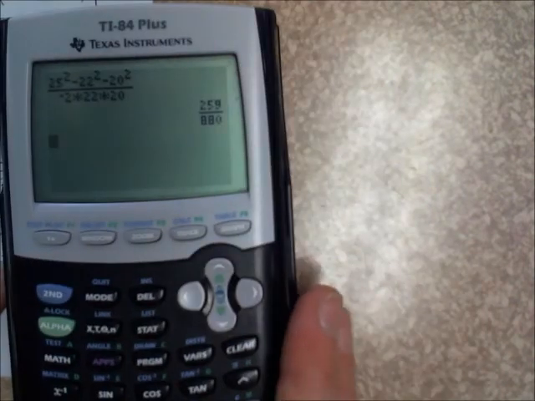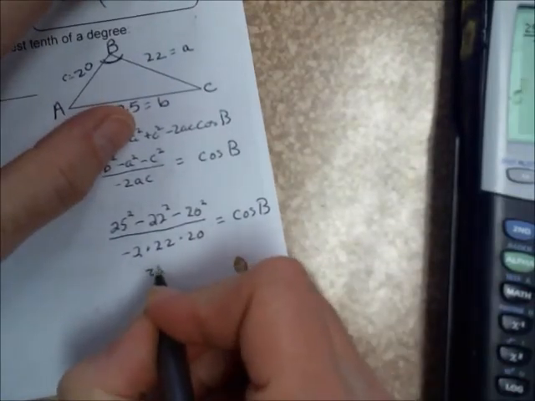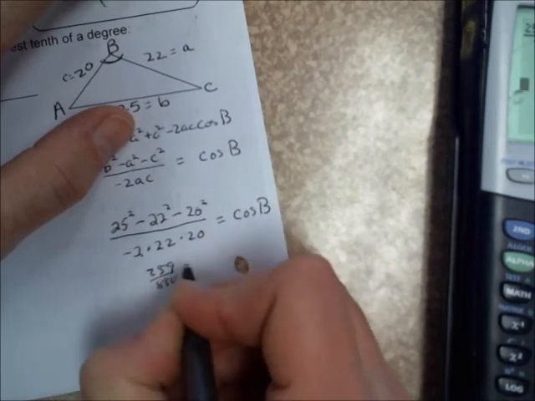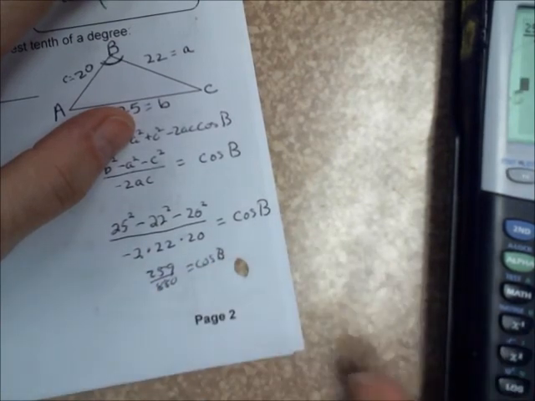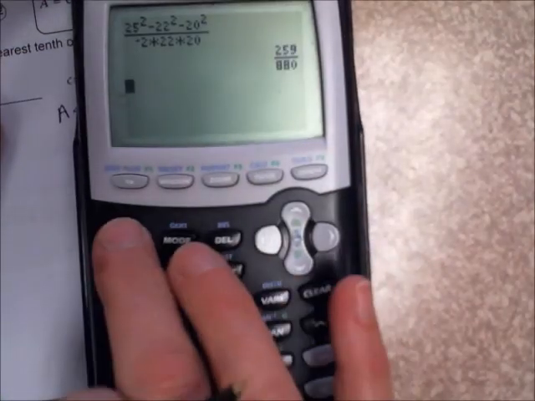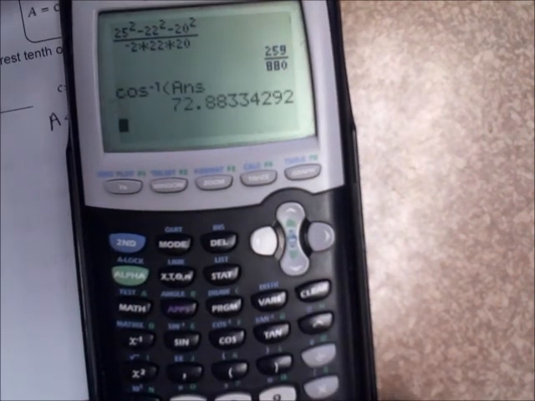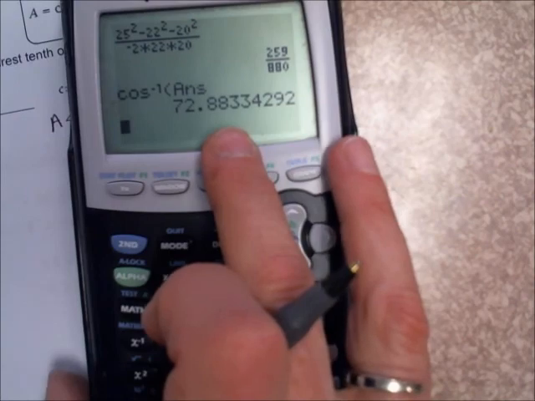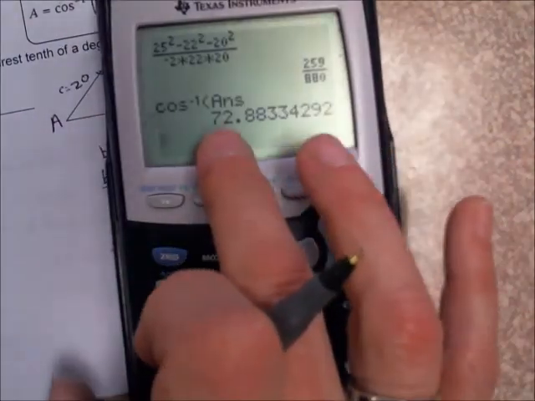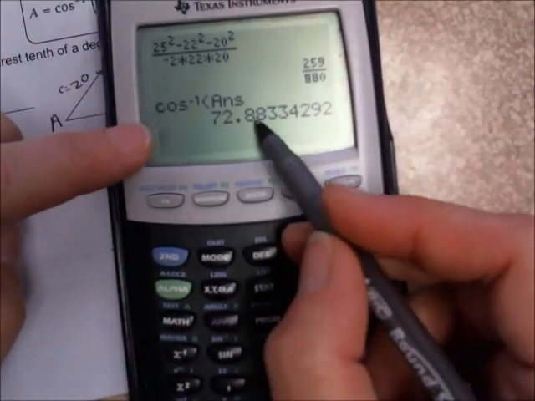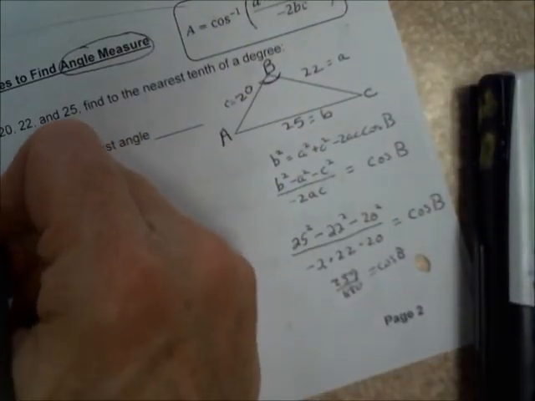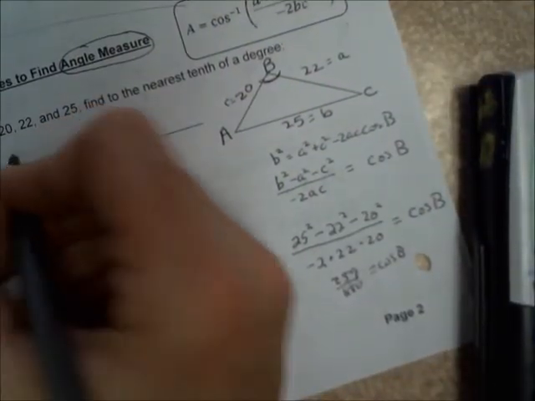And there's the cosine of B, 259 over 880. And if I want to know what the angle is, you do second cos of that answer, and your calculator will tell you to the nearest tenth of a degree, 72.9 degrees. So the largest angle looks like it's 72.9 degrees.